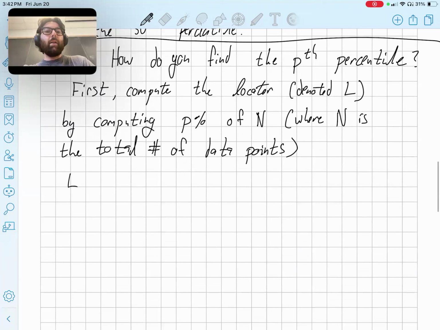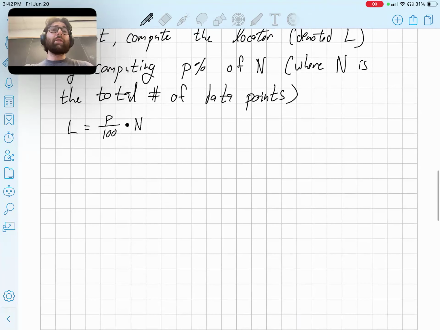And so L equals P over 100 times N. And now we have 2 cases.